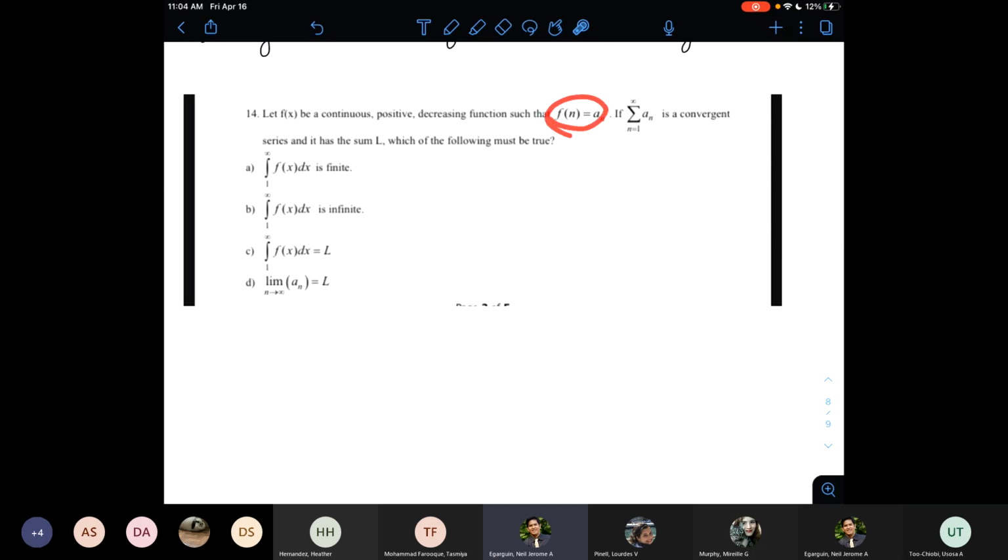And f(n) is equal to a_n. If the series is convergent and it has some sum L, which of the following must be true? All the problem is telling us is that the sum of a_n from 1 to infinity is equal to L. Let's check which of the following is true.